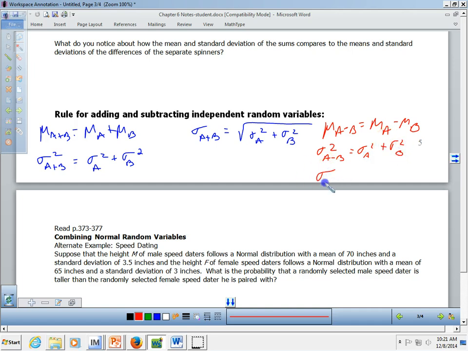And then, of course, standard deviation just becomes a matter of square rooting your variances, which turns into this Pythagorean theorem looking thing. Okay? All right. So hopefully that makes a lot of sense. Now let's just put it into practice.